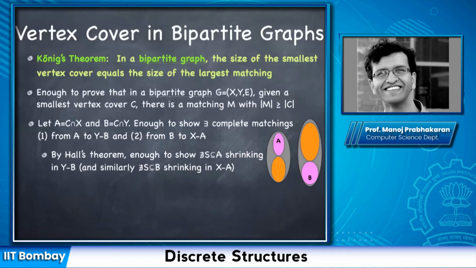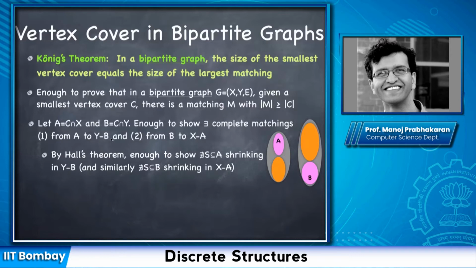We can use Hall's theorem and show that there is no shrinking subset in A, no subset that's shrinking in Y minus B, because the graph I'm trying to build a matching in only has A and Y difference B. So I have to show that no subset of A is shrinking in Y difference B. Similarly, I'm supposed to show that there is no subset in B that is shrinking in X difference A, to show part 2. But I'm going to focus on this first part.